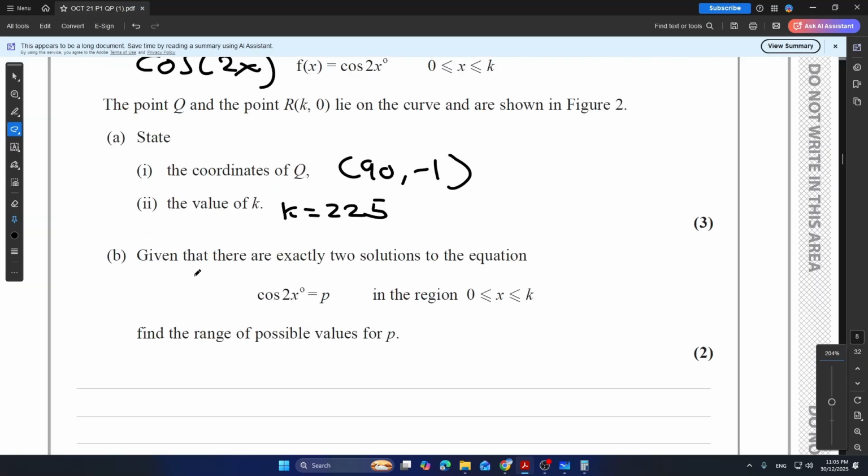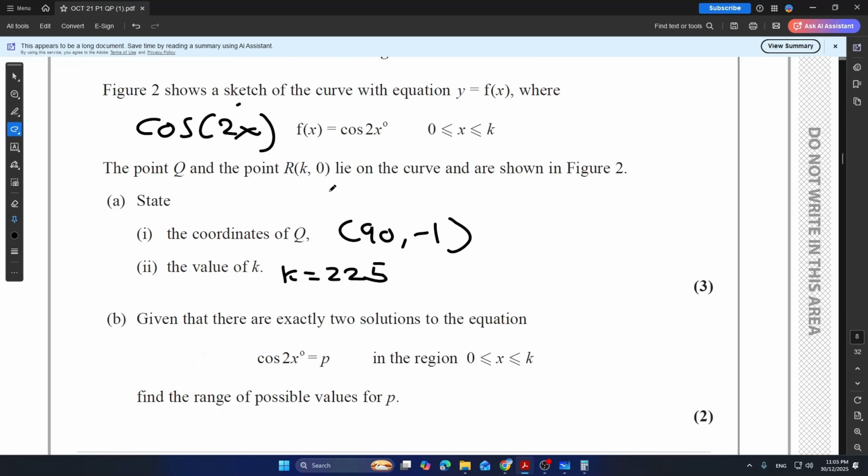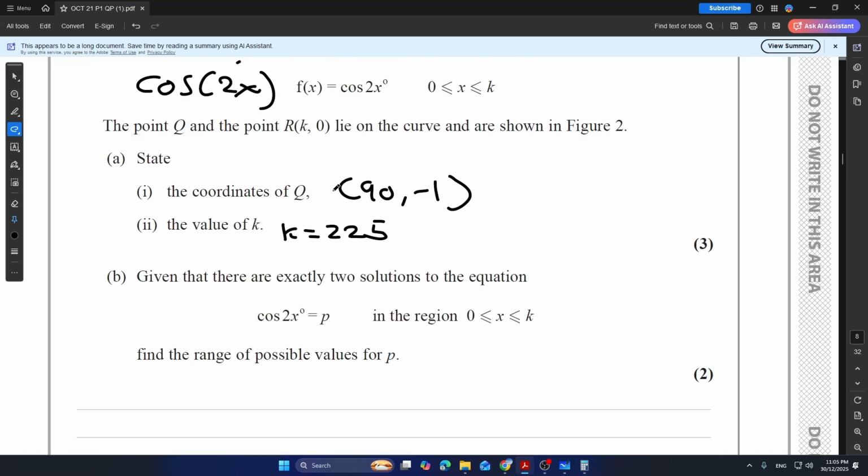Now it says, given that there are exactly two solutions to the equation cos 2x equal to p in the region 0 less than or equal to x less than or equal to k, find the range of possible values for p. Okay, exactly two solutions.